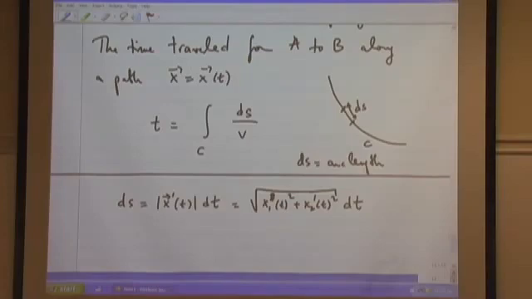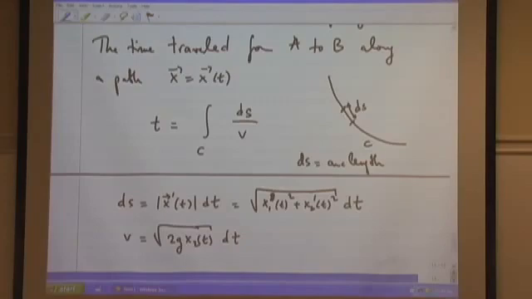And for v, we computed from above what v should be. v is the square root of 2g x2. X2 is the height.